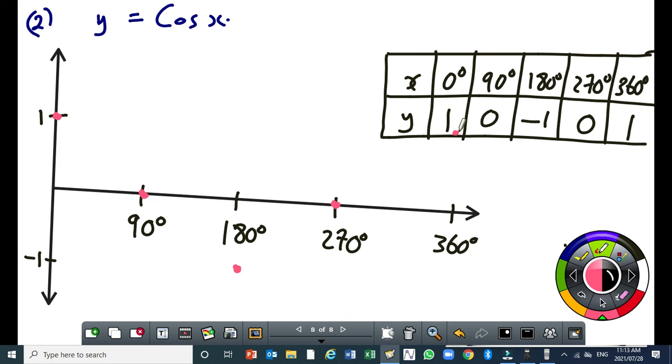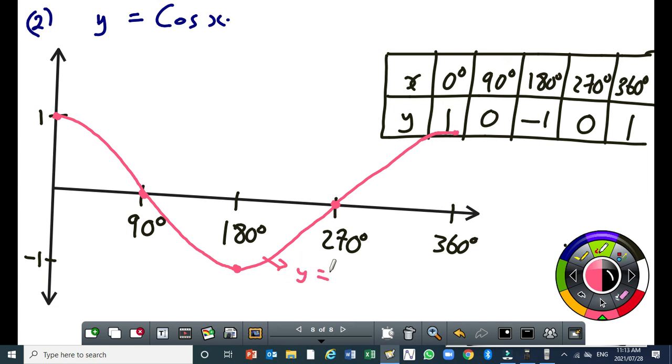So the graph of cosine looks like this. You use freehand. Okay, so that will be the graph of cosine.